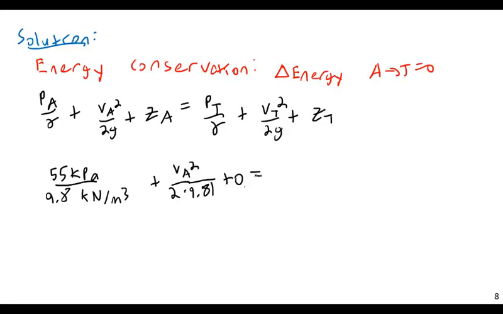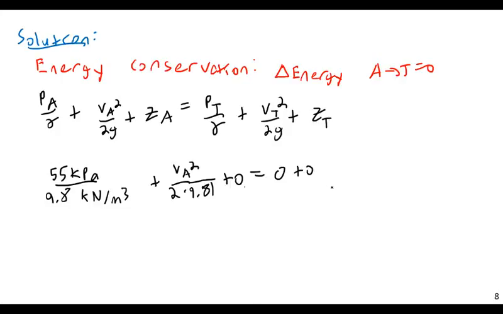Now, here are some other things. At point T, what do you think the pressure will be? 0, yes. Actually, it's 1 atmosphere, but we're doing this in gauge pressure. So the pressure at point T, at the peak of the flight, will be 0, because it's open to the atmosphere. And our velocity at point T is also going to be 0, just like projectile motion.